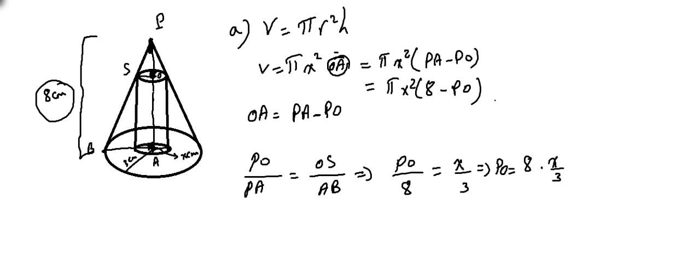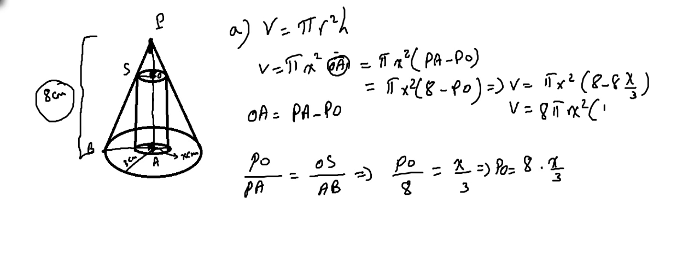This implies the volume will be pi x squared times (8 minus 8x over 3). Taking the 8 out as a common factor, the volume equals 8 pi x squared times (1 minus x over 3). So we have the volume of the cylinder in terms of x.